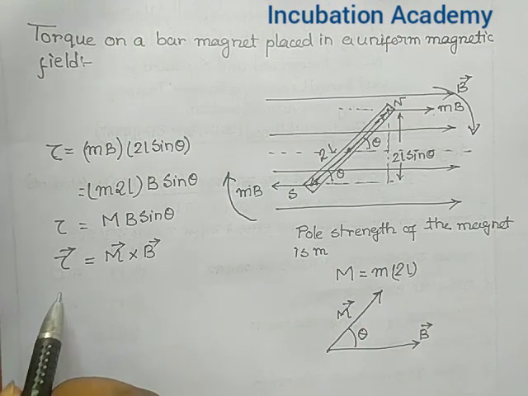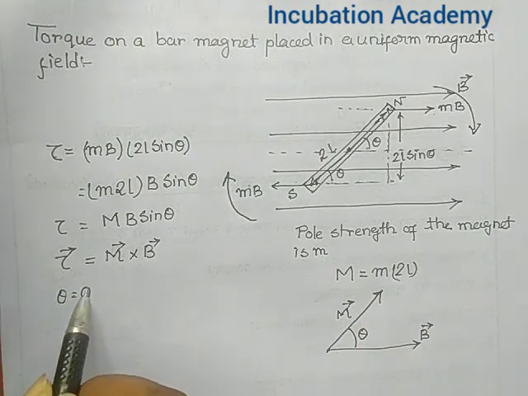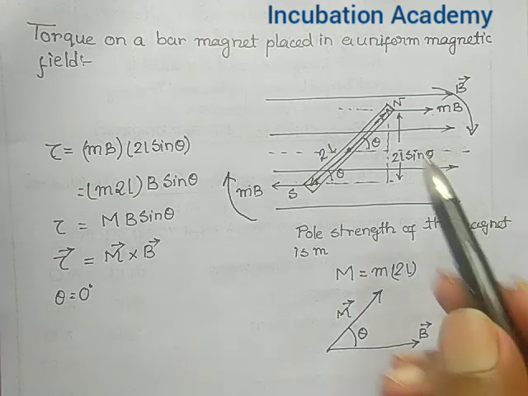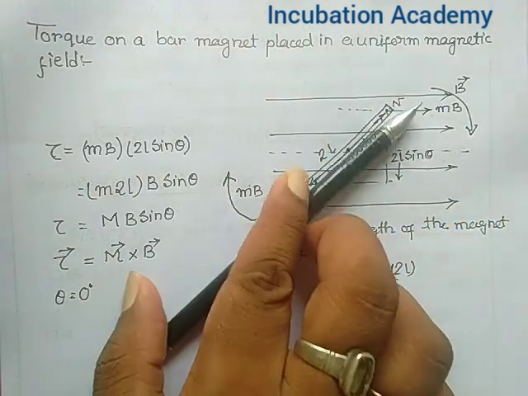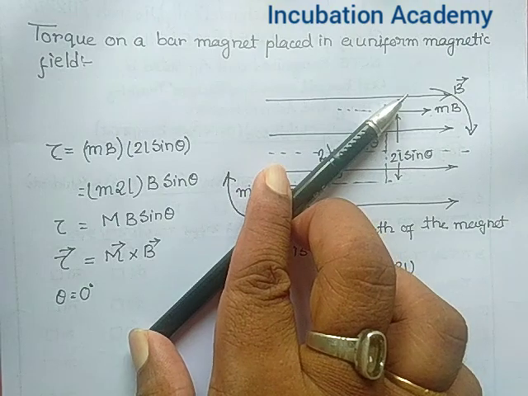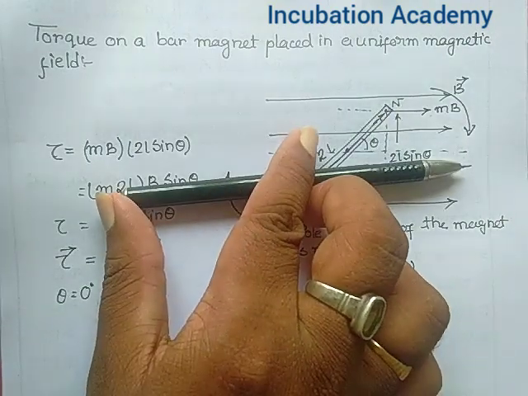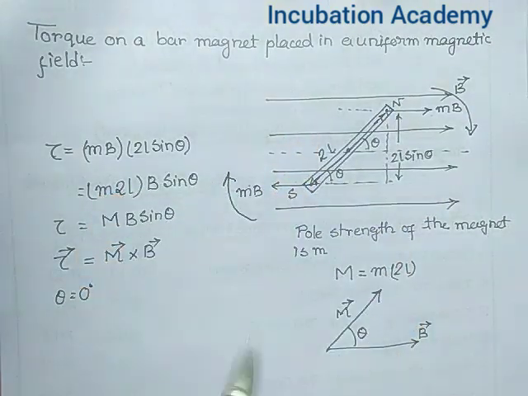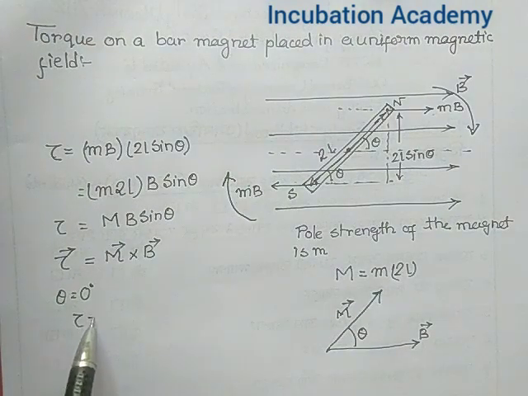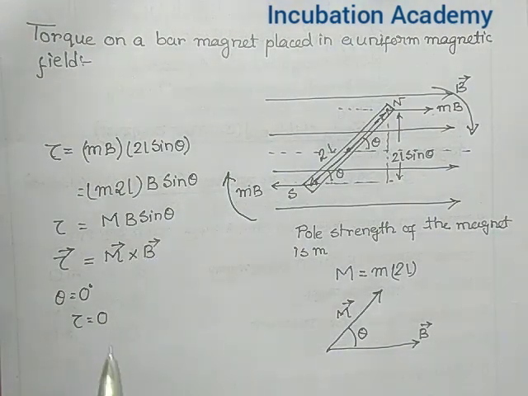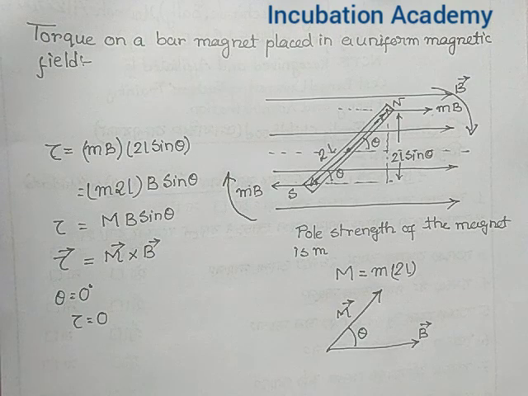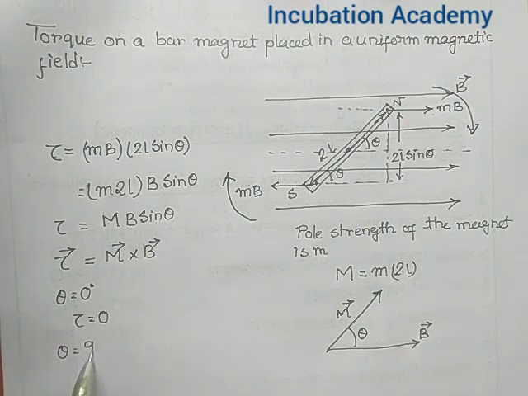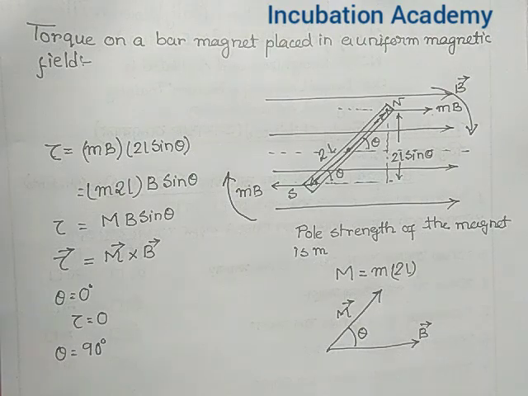And if theta is equal to 0 degrees, if this magnet is aligned in the direction of the magnetic field, then obviously the torque is 0. By putting theta as 0, we can get this. If theta equals 90 degrees, then what will it be?